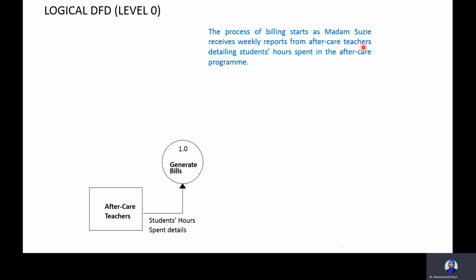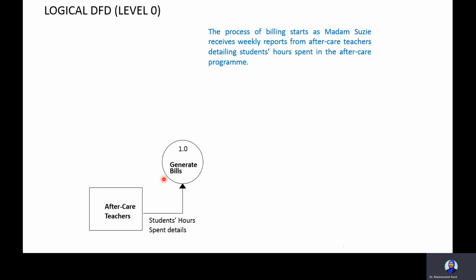The process of billing starts as Madam Susie receives weekly reports from aftercare teachers that detail the students' hours spent in the aftercare program. When we draw, we start from the external entity, which is the aftercare teachers, and the aftercare teachers give the students' hours spent details to Madam Susie.